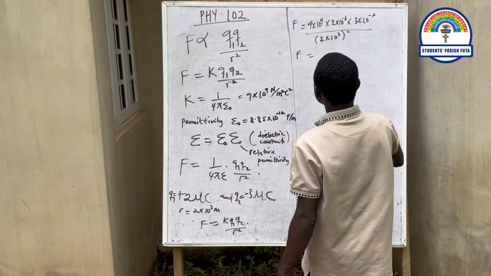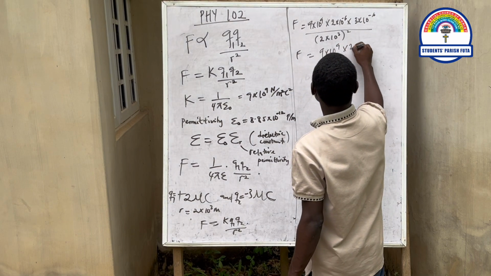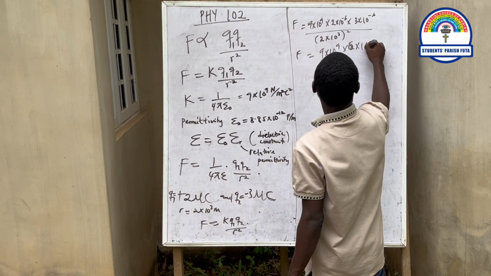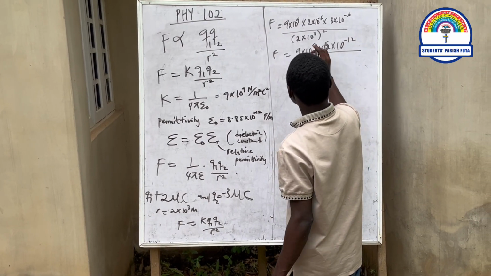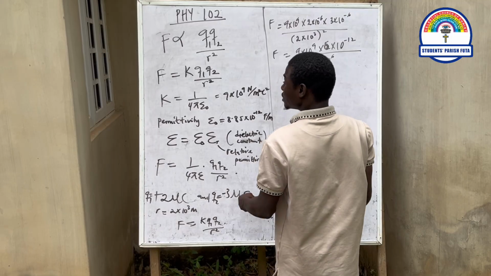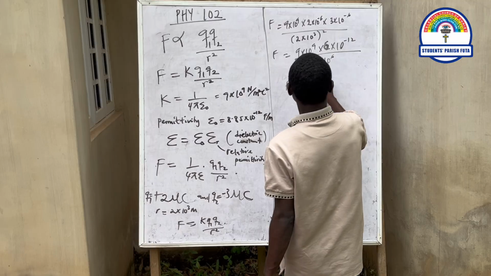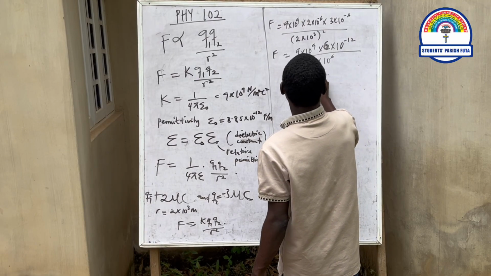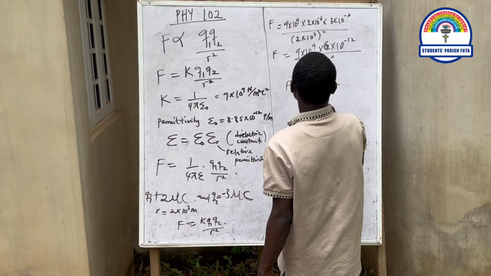So calculate this: 10 power minus 12, so 9 times 10 power 9 times 2 times 6 times 10 power minus 12 over 4 times 10 power 6. This will be a very small force because the distance is very wide. 9 times 10 power 9, and so you have 54 times 10 power minus 3 over 4 times 10 power 6.